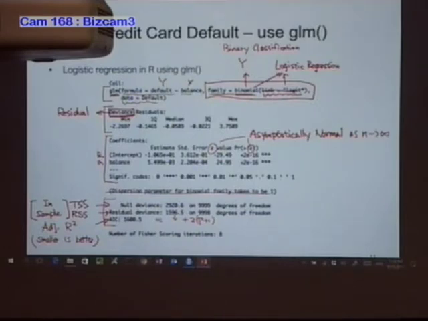Right? But the problem is AIC is not in the sense of a percentage, not like an adjusted R square. With R square, adjusted R square, we can compare different models. This model has 90%. This model has 20%. So this sounds better. But AIC is an absolute number. That's the total error. So you cannot compare the AIC across different models or different data.